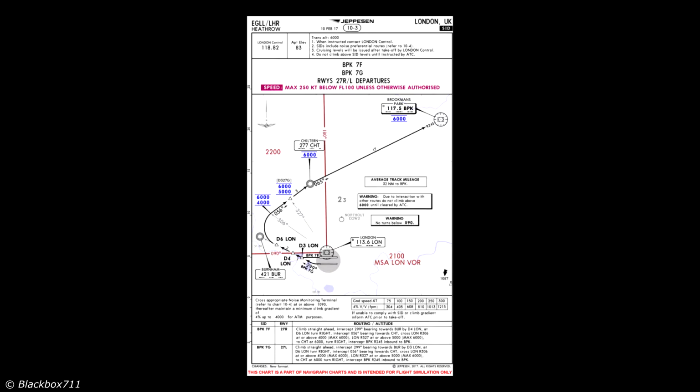So in this case, you can see it's very precise because if you take off 27 right, the only departure route available to get you to Brookmans Park is in fact a Park 7 Foxtrot. Is this an RNAV departure or is this a conventional departure? Exactly. Of course, it doesn't say RNAV on the top. All right, I might have to add that later on then.